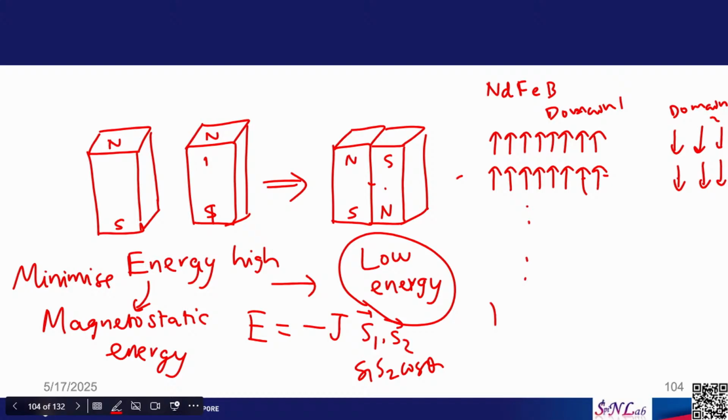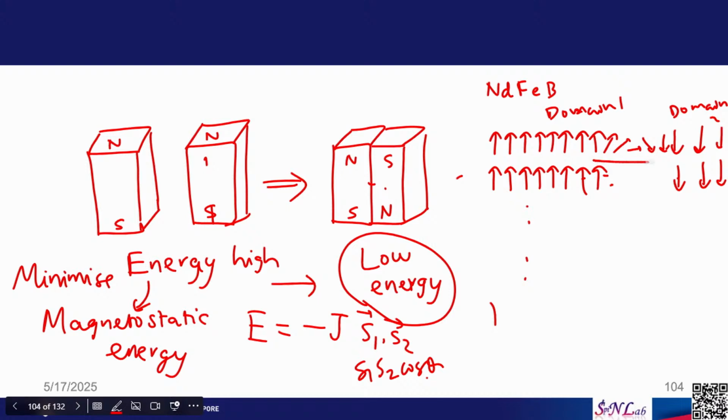If you go from 0 to 180 abruptly, then the energy is going to be very high. Because of that reason, the spins do not change abruptly from one direction to the other, but they will change gradually like this.